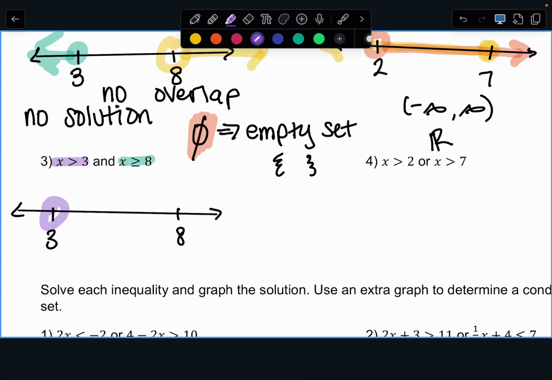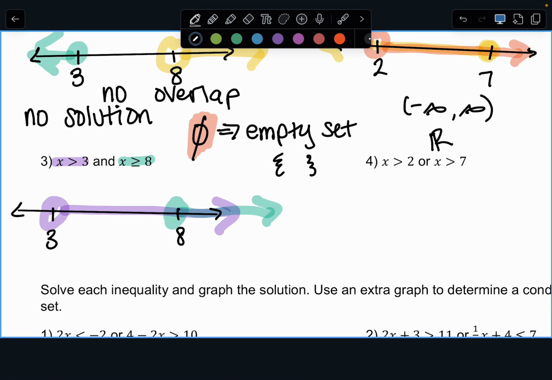To the right or to the left? Right. To the right. And then greater than or equal to 8, open or closed? Closed. Right or left? Right. Okay. Step 1 done.